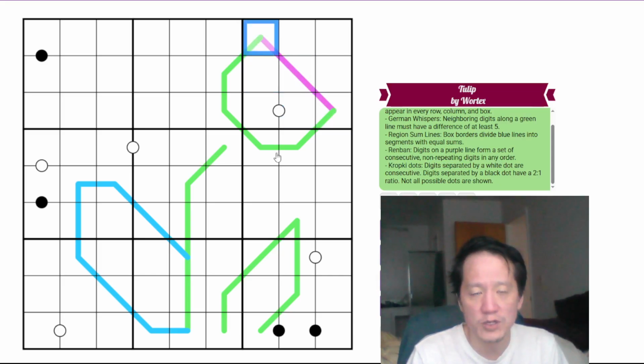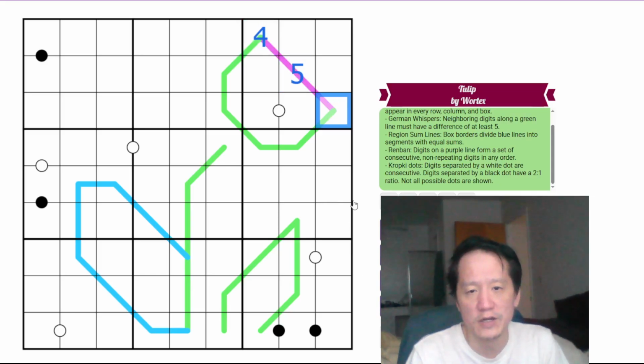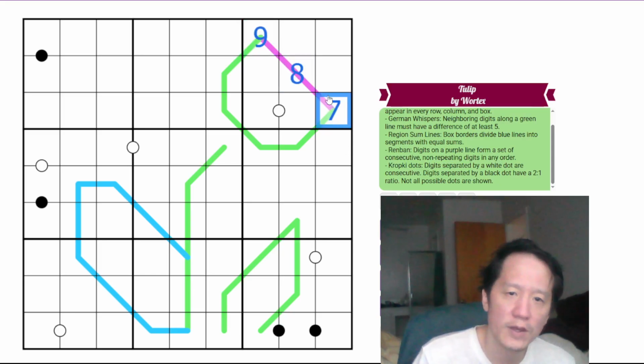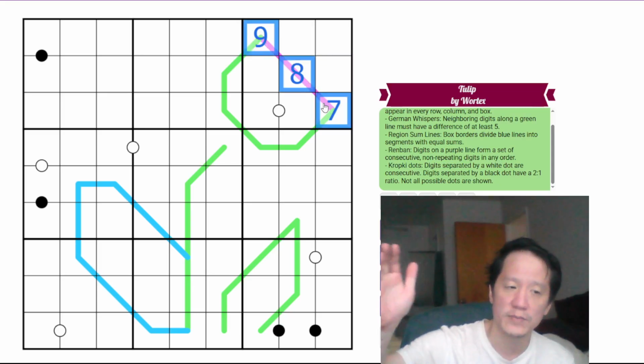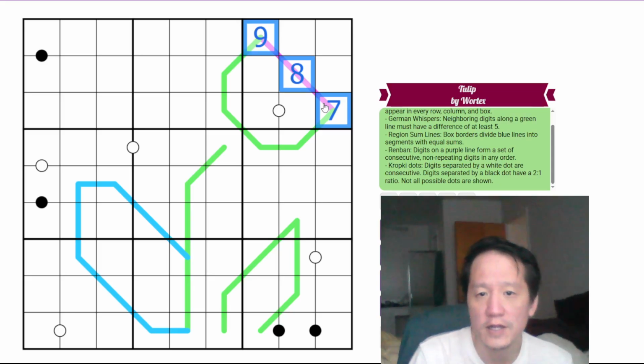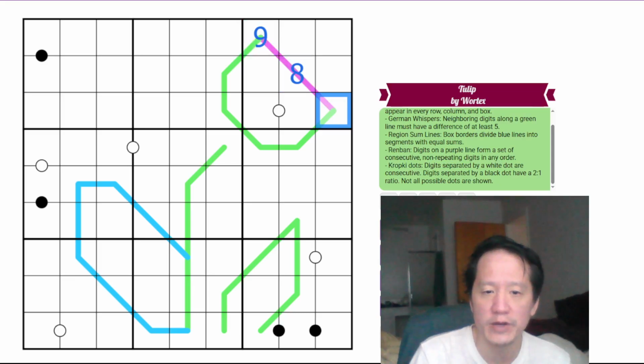Or you could have something like 4, 5, and 3 on this Renban line. Or you could have something like 9, 8, 7 on this Renban line. As long as they form a consecutive set, and they are non-repeating, that fulfills the Renban requirements. And that's how Renban works.